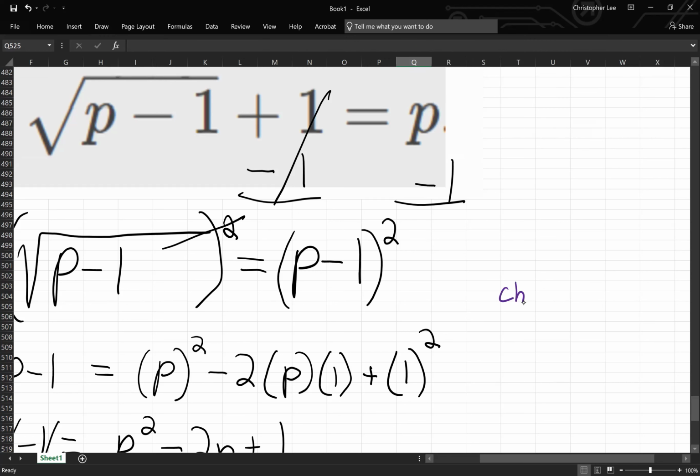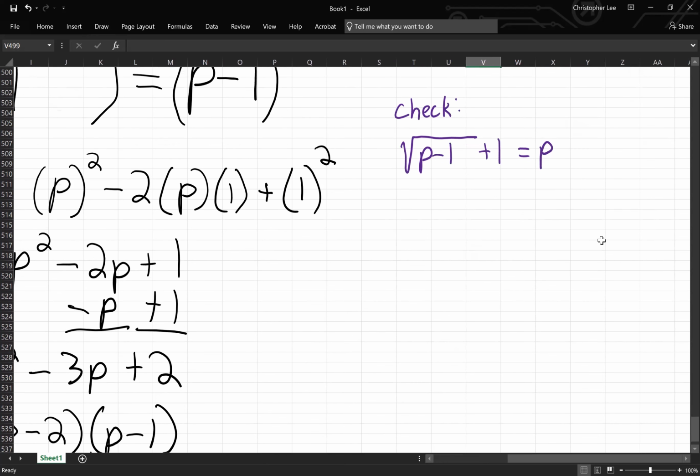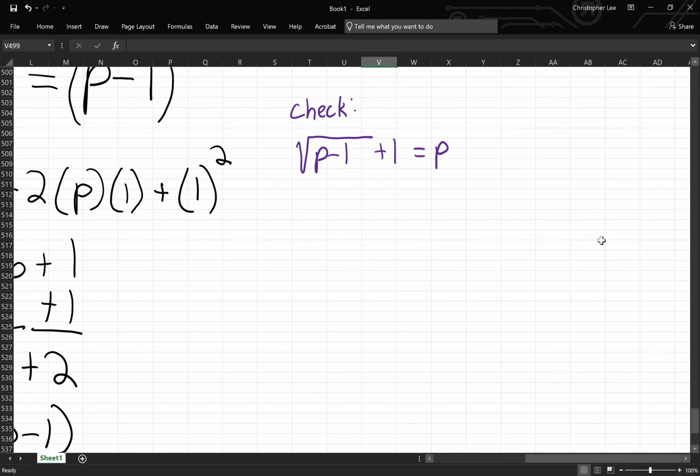So this is how I'm going to check it, right? The original question was square root of p minus 1 plus 1 is equal to whatever p is, right? I'm going to take one of these answers. So I have 2 and 1, right? Let's say 2, for example. I'm going to plug that in.